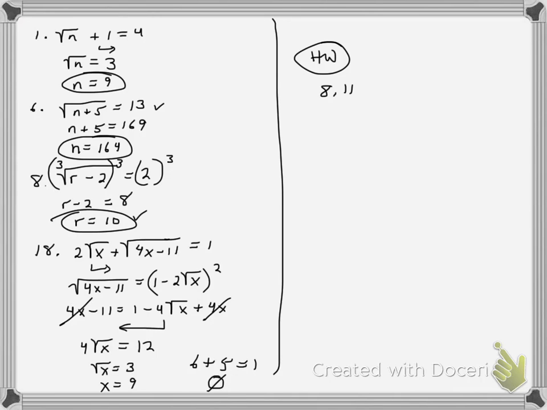For the formulas, do 3 through 6 all. And for the review, go ahead and do 1 through 14 all. And then for 8.12, do 1 through 27 all.